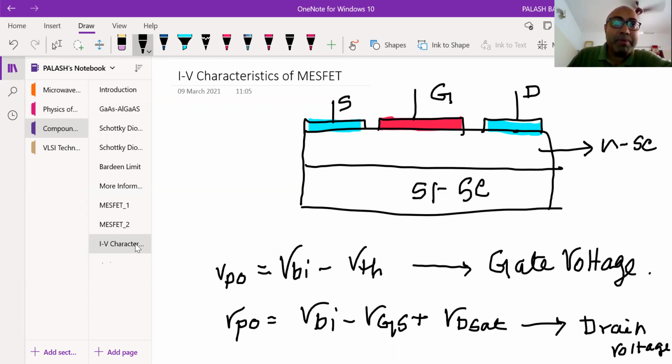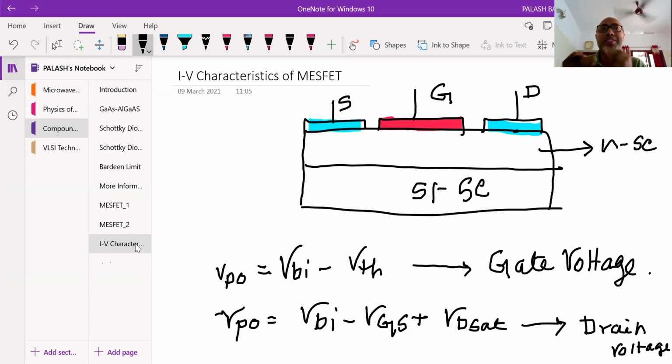Now, if you have a MESFET, you always try to operate it by applying gate voltage and drain voltage. There is no particular special situation, except one where you want to apply gate voltage without applying any drain to source voltage.